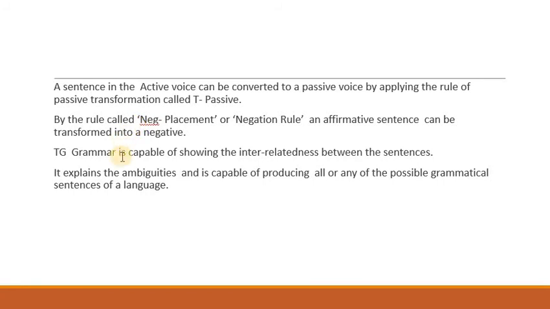Now TG grammar is capable of showing the interrelatedness between the sentences, isn't it? So by applying transformation rules to a PS string, you are arriving at a surface structure of a sentence. So we can undoubtedly say that TG grammar thus is capable of showing inter-sentence relationship, right?